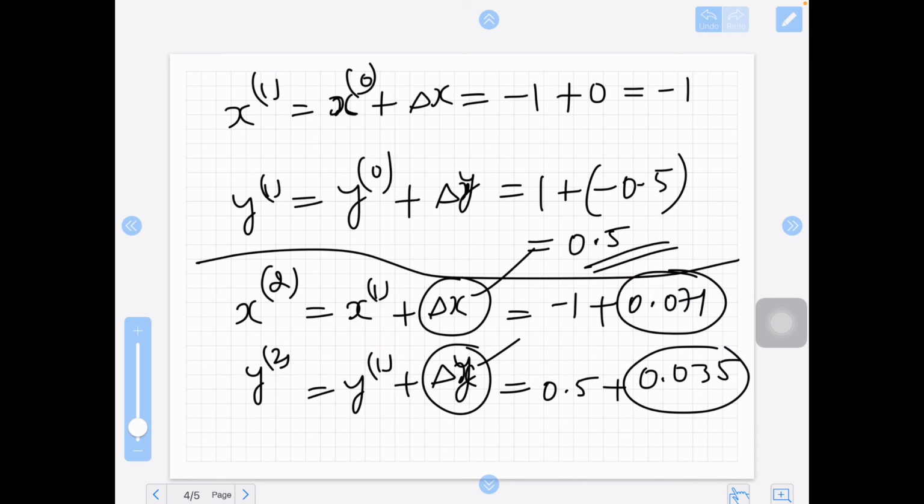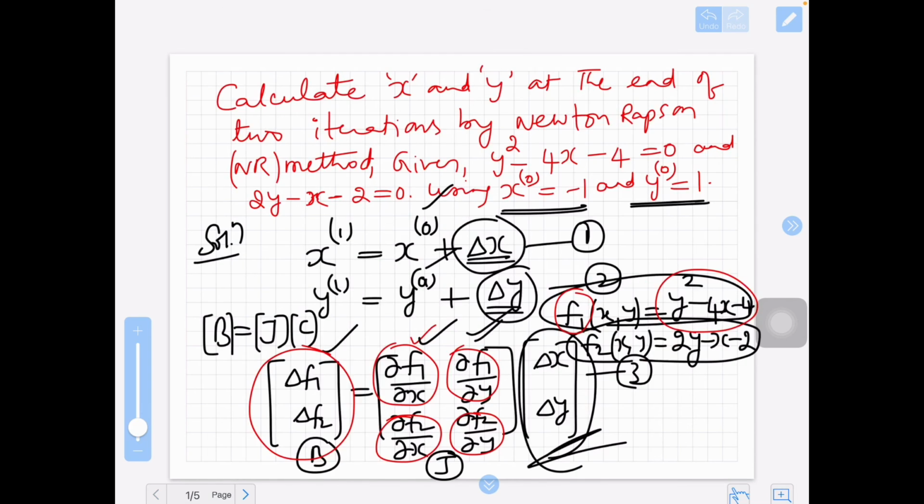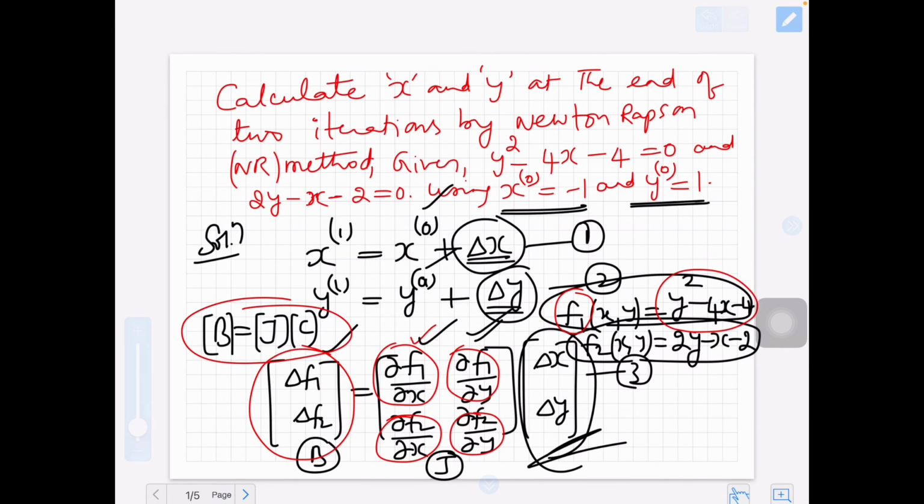So this procedure adopts the NR model, that is B is equal to JC. This is B is equal to JC. This matrix equation, if you remember, you can easily solve for two equations with two unknowns.